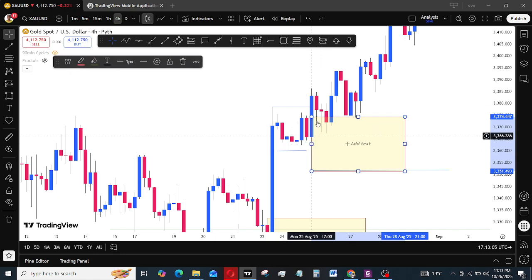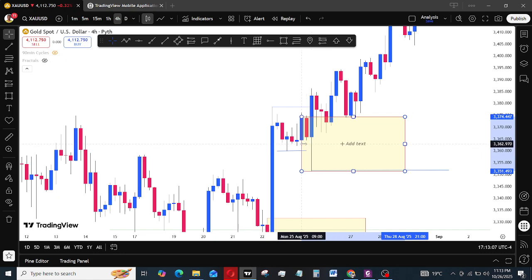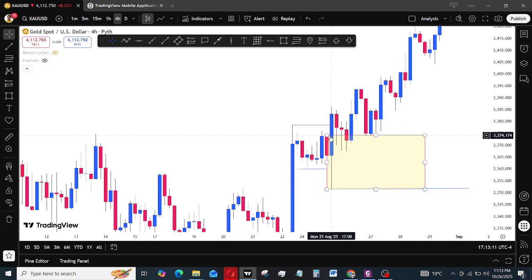So a strong order block is the order block that has swept liquidity and the market has also broken structure.